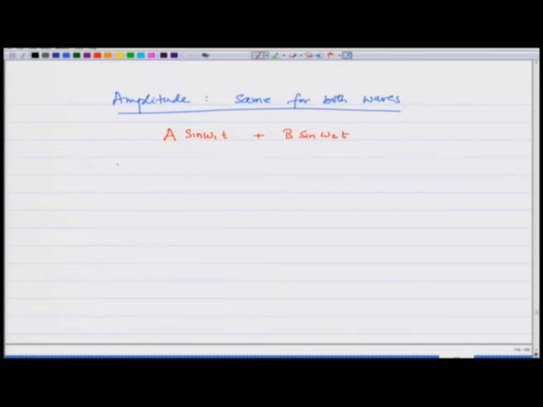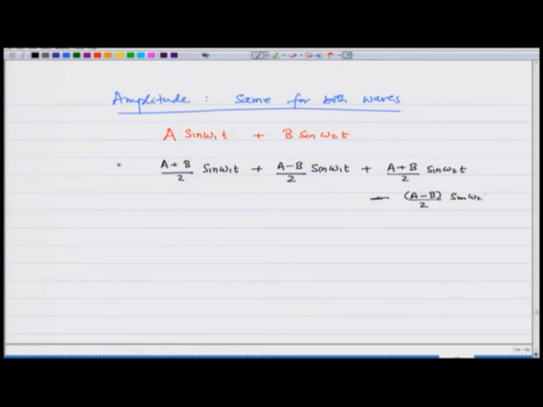I could write this as (a plus b)/2 sine omega 1 t plus (a minus b)/2 sine omega 1 t plus (a plus b)/2 sine of omega 2 t minus (a minus b)/2 sine of omega 2 t.